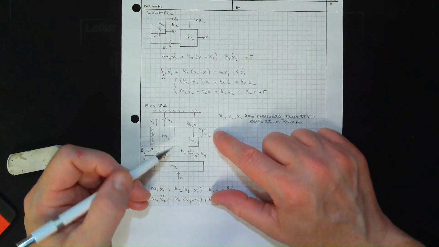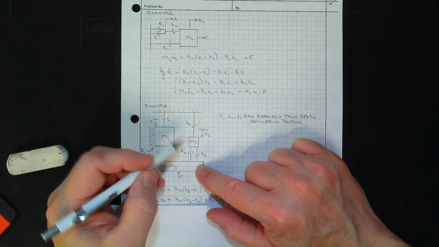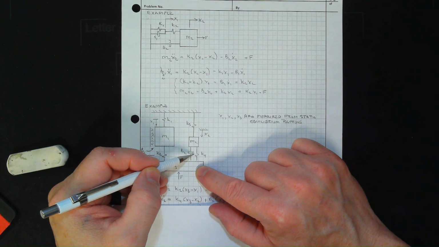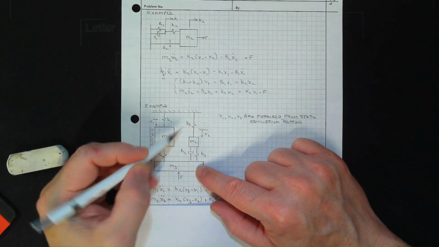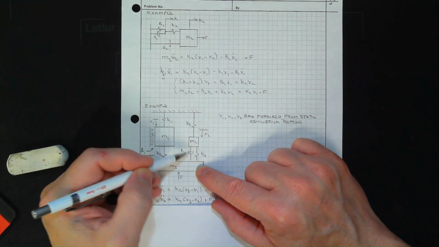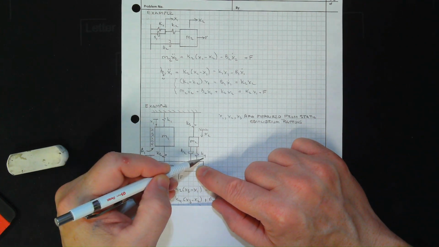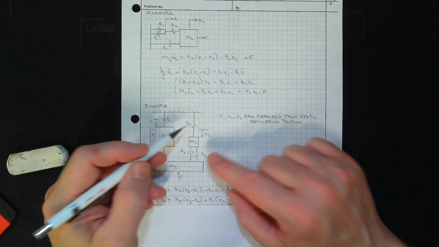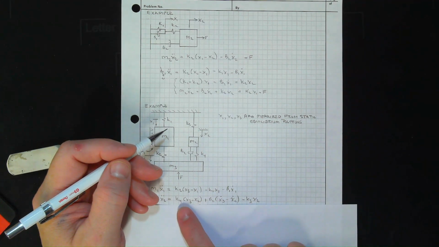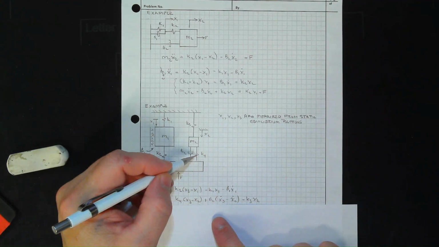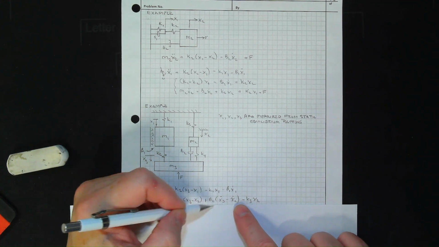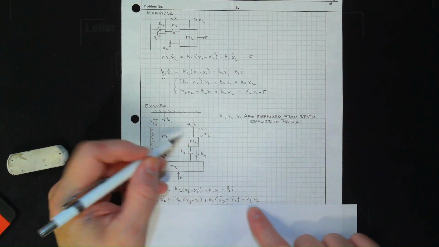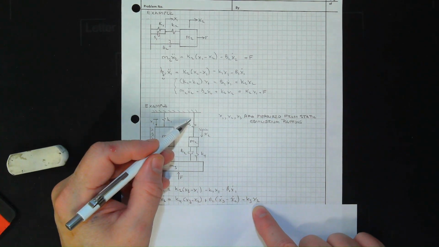All right. So now I go to mass 2. What do we have? I hold M3 still, I move M2 down. What does it feel? It feels K3 X2 going up, B2 X2 dot going up, K4 X2 going up. And I have that: K4 X2, B2 X2 dot, and minus K3 X2.